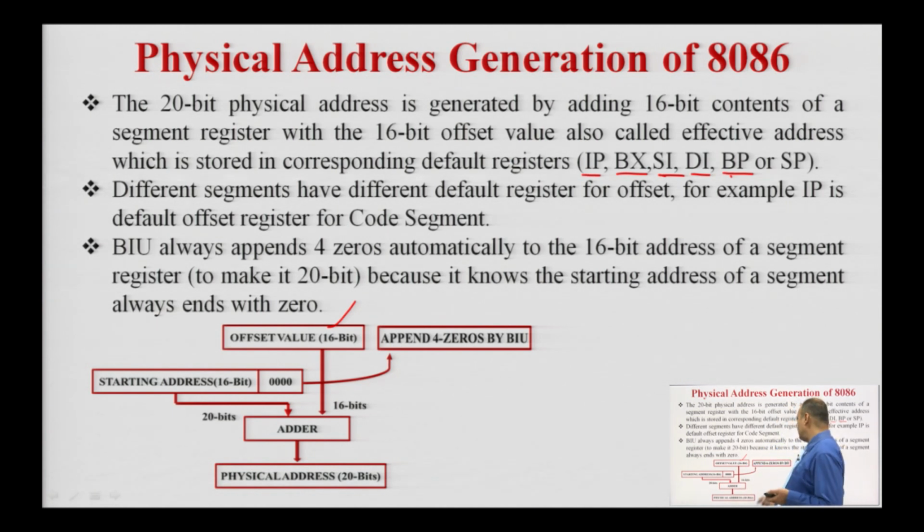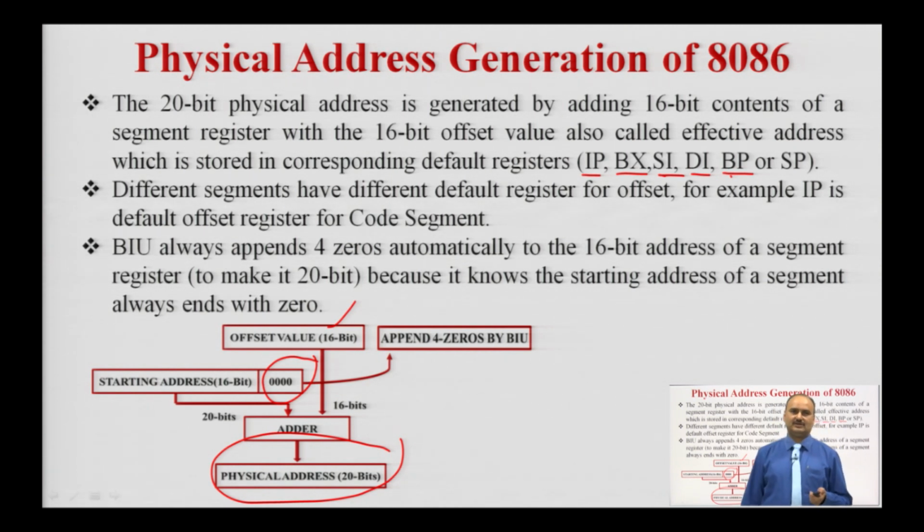The bus interface unit will append this 0H. So 0H is appended, and here is the 20-bit address, and the offset value is added with the help of this adder, and finally the 20-bit physical address can be generated with the help of this procedure. So this is the 20-bit physical address.